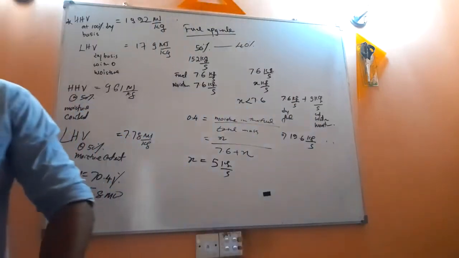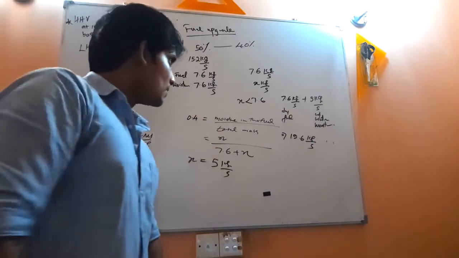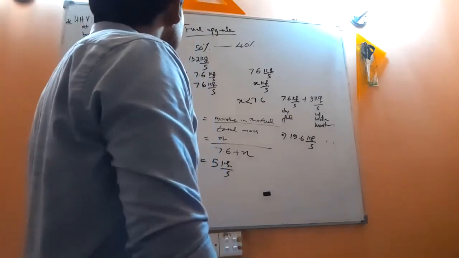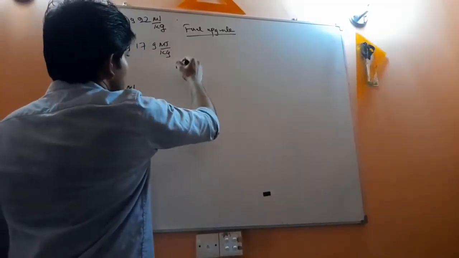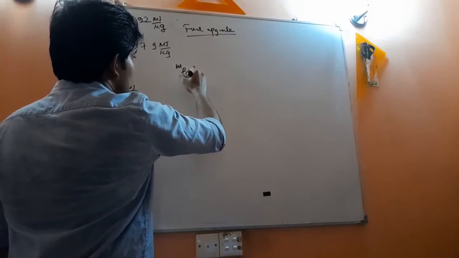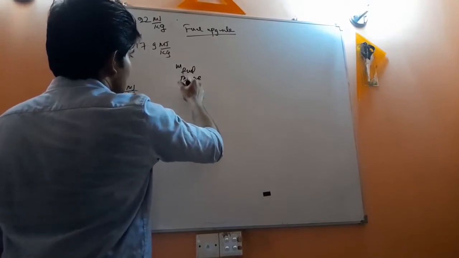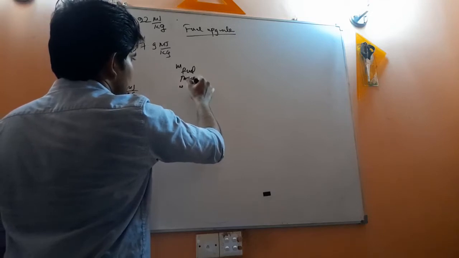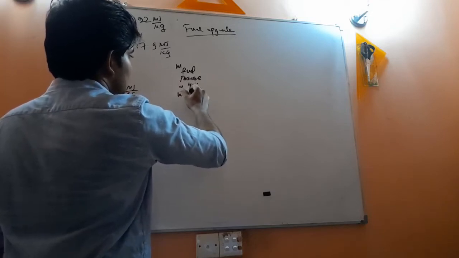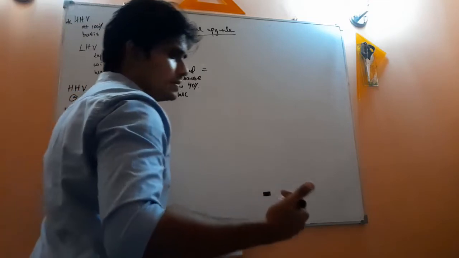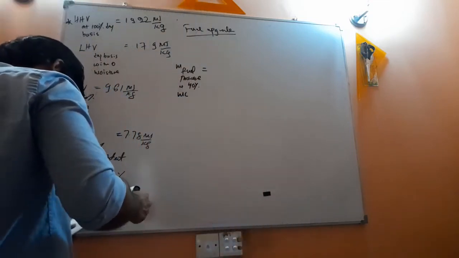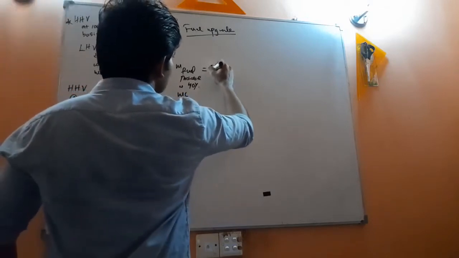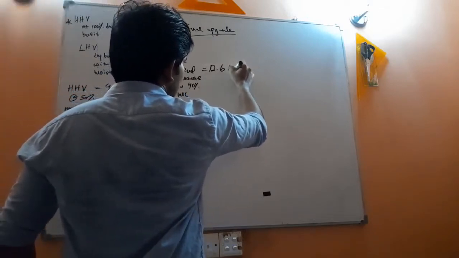So now we got it, right? The mass of the fuel package, or total mass, at 40% moisture content we evaluated as 12.6 kilograms per second.